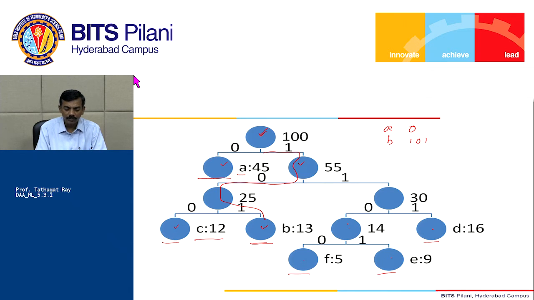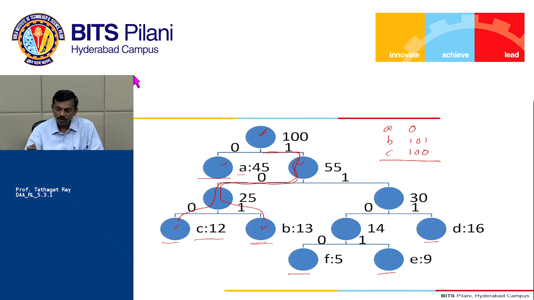The code word of C is 1, 0, 0. So you traverse from the root to the corresponding leaf, and whatever edges are in between, you pick up those bits, and that gives you the code word for the character. That's the binary tree representation of your prefix codes.